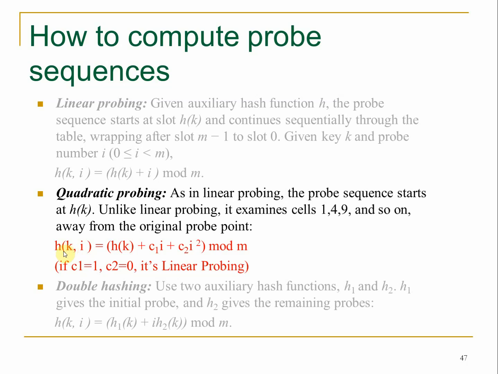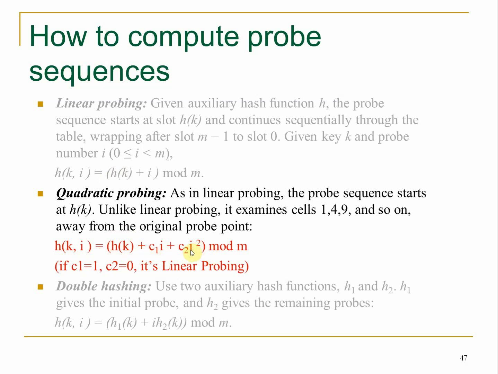In quadratic probing, you can see that when we try to compute h of k and i, it's h of k, which is the way you find a home position, plus a constant parameter multiplied by i, plus another constant value multiplied by i squared.